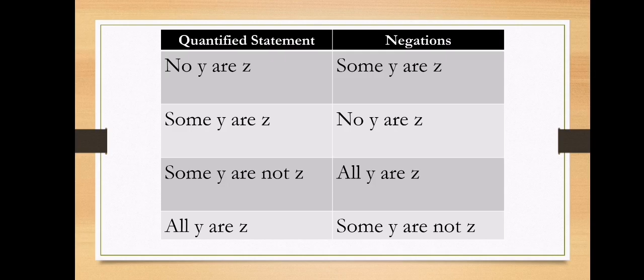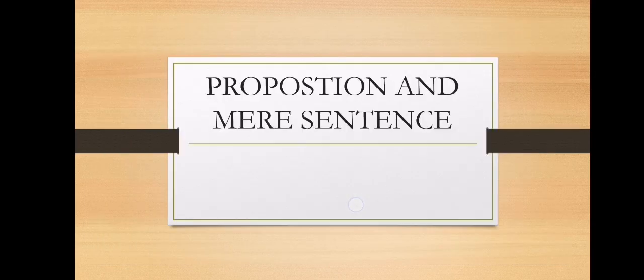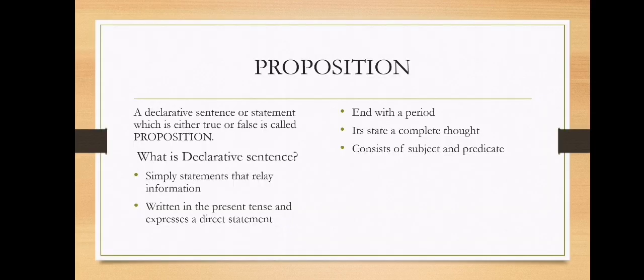No Y are Z, and the negation is some Y are Z. Some Y are Z, the negation is no Y are Z. Some Y are not Z, the negation is all Y are Z. All Y are Z, the negation is some Y are not Z.